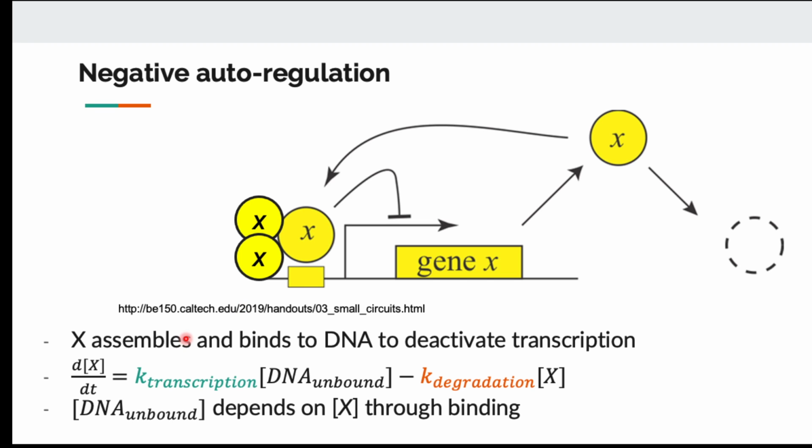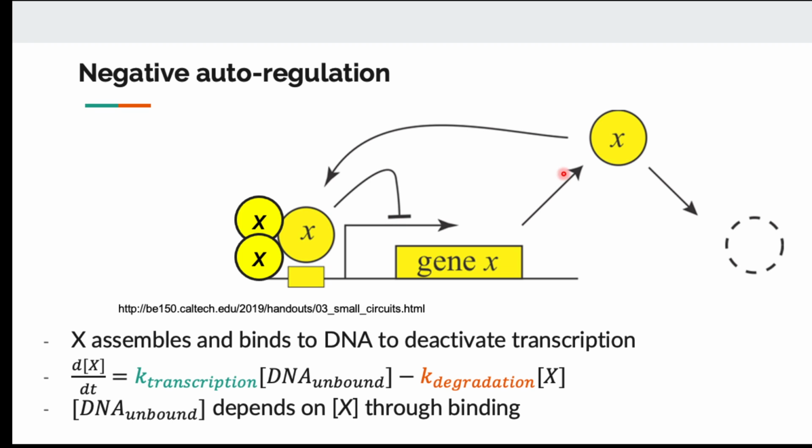So if we write this as a differential equation, in this case we have not only the amount of gene X that we need to monitor, we have another parameter and state, and that is the state of the DNA.